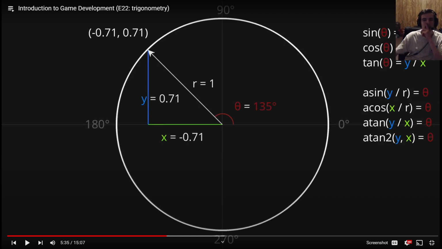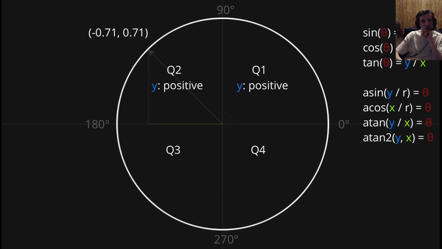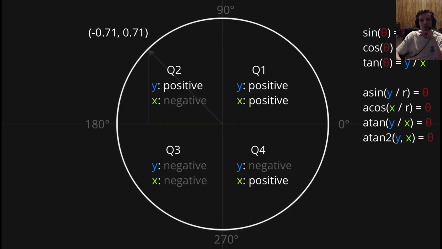Obviously, y is positive in the top 2 quadrants and negative in the bottom 2, while x is positive in the 2 on the right and negative in the 2 on the left.